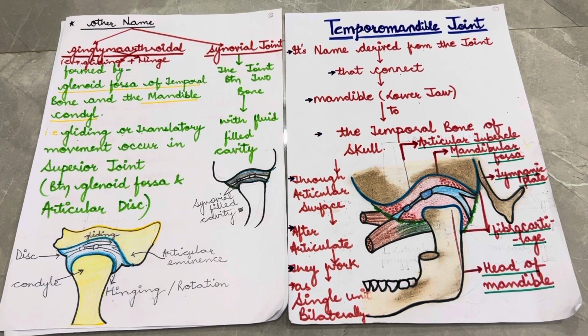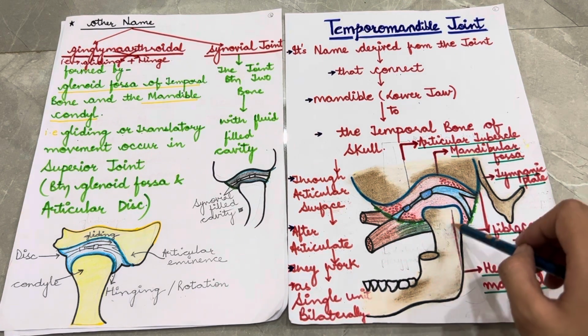Ginglymus itself means a hinge joint, and arthroidal means gliding or translatory. So a ginglymoarthroidal joint shows both motions: the hinge motion, meaning rotation, and the gliding motion. It is present between the temporal bone and the mandibular bone, this temporal portion and this mandible portion.